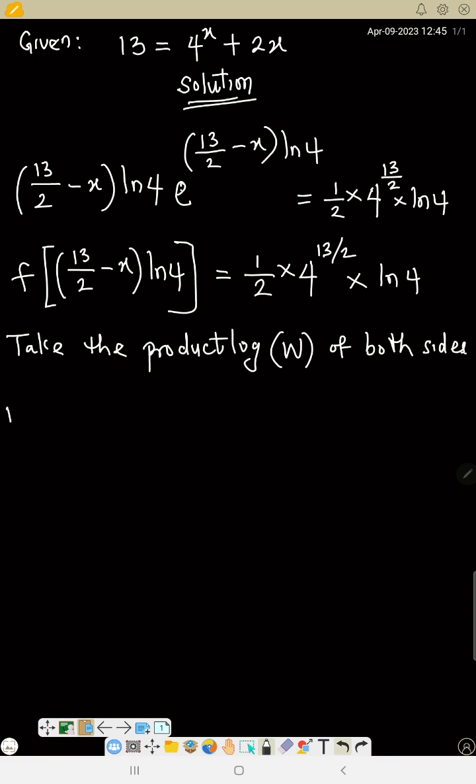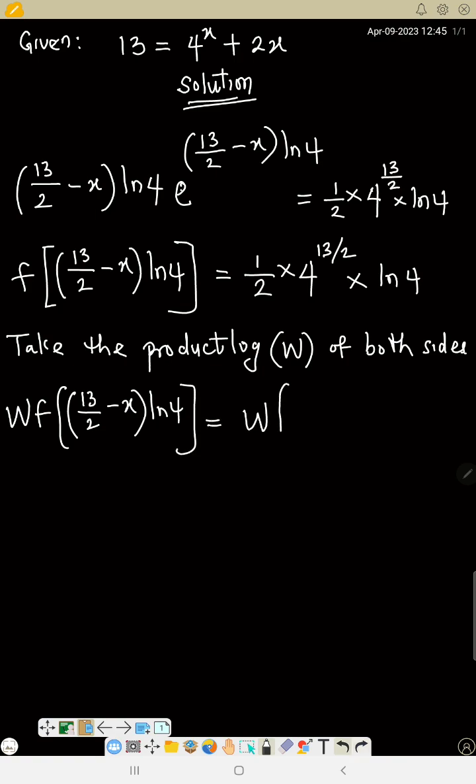That is w of f of (13 over 2 minus s) ln 4 is equal to w of 1 over 2 times 4 raised to power 13 over 2 times ln 4. You take the product log of both sides, that product log is w. Now w and f are inverse of each other, so it will cancel out.